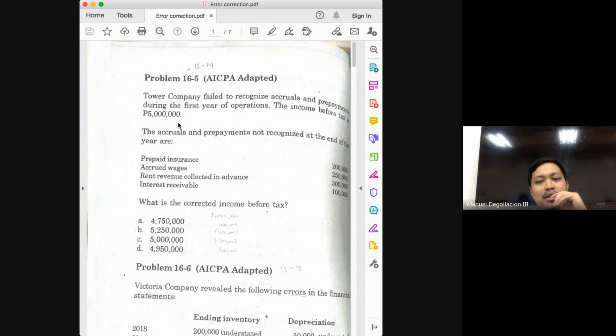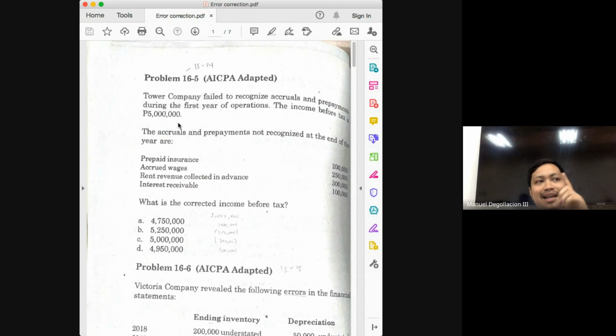This would be debit, salaries and wages expense, and credit, accrued wages. Okay, so that would have been the entry. What's the effect of that entry, class? Your salaries expense would increase and your liabilities would increase. But were we able to do that? No, because the problem told us that we failed to recognize accrued wages. But again, what should we have done? We should have recognized an expense and a liability.